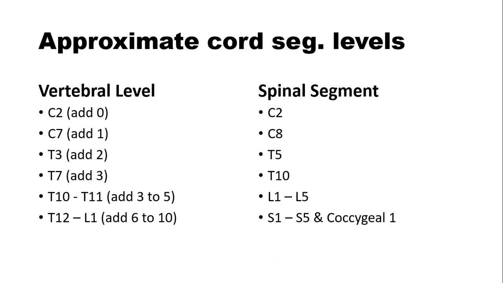So this is the formula by which you can detect the spinal segment below the vertebral level. In the upper cervical, you have to add 0. In lower cervical, you have to add 1. In upper thoracic, you have to add 2. In lower thoracic, you have to add 3. Like this, you detect the spinal segment below the vertebral segment.